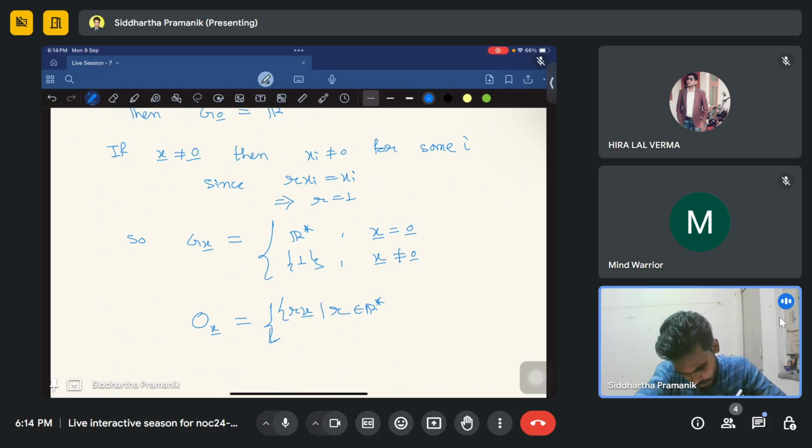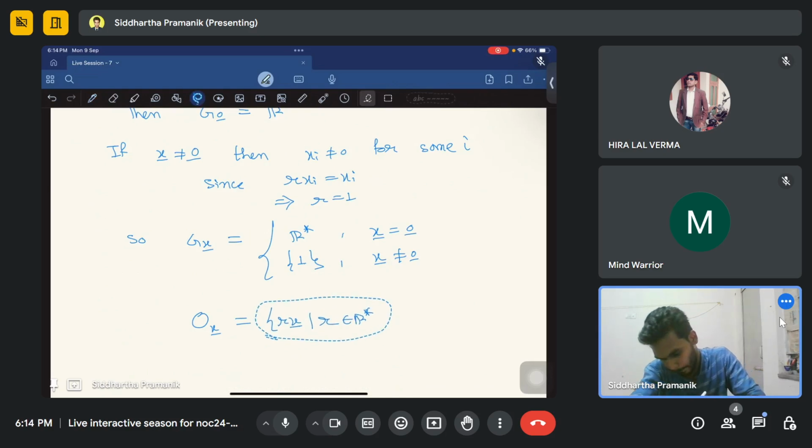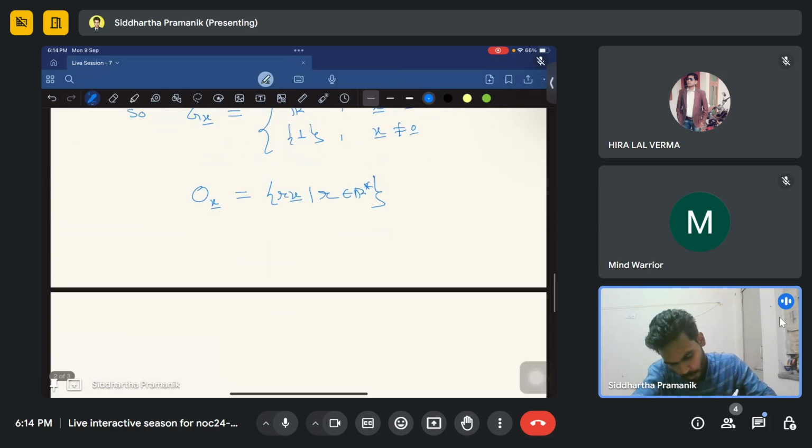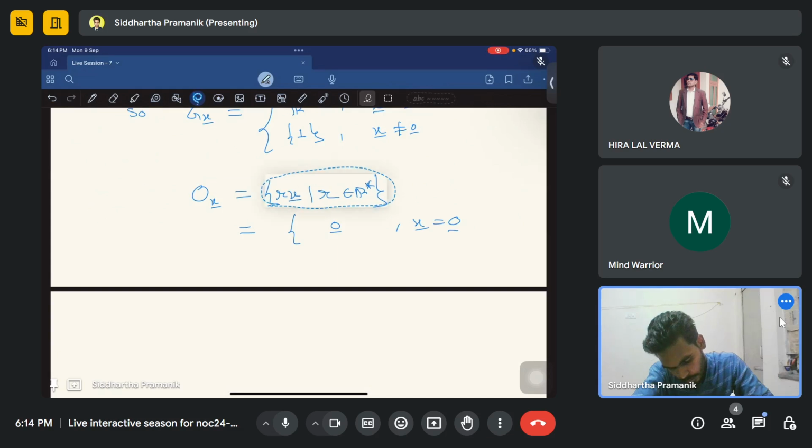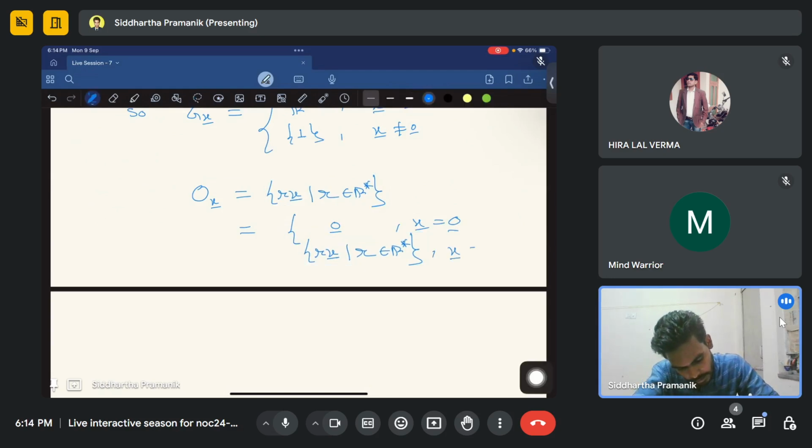So it is by definition, right? So this is non-zero multiples of x bar x. So it is actually 0 if x is 0, and it is the whole set when x is non-zero.